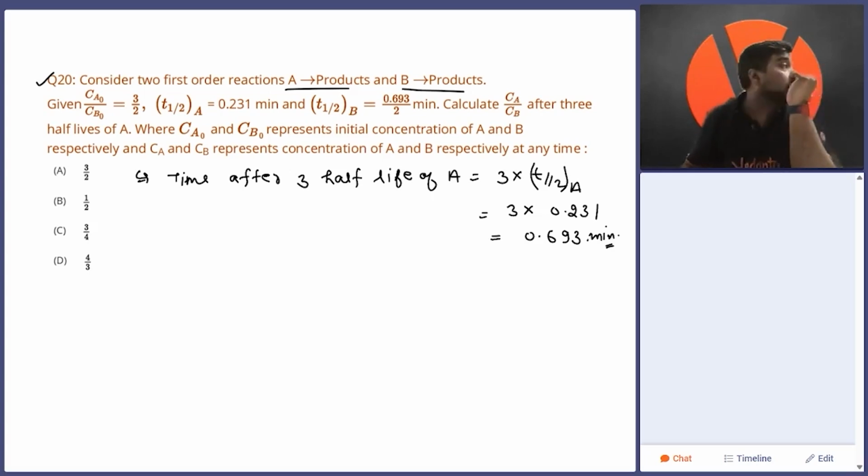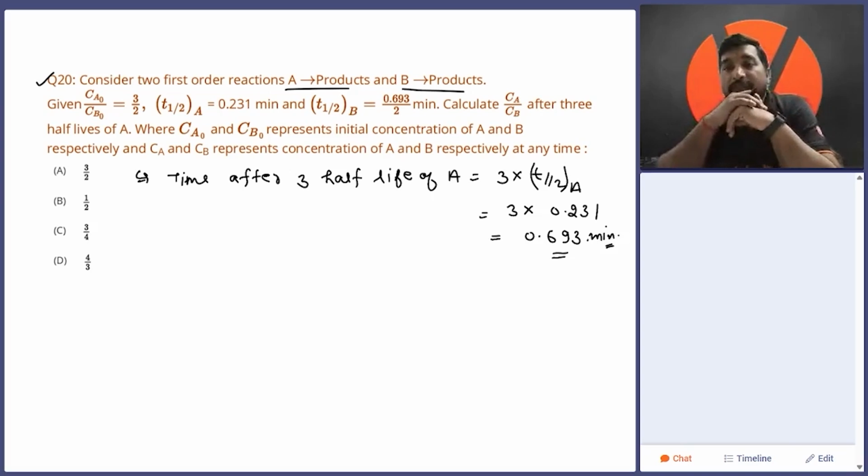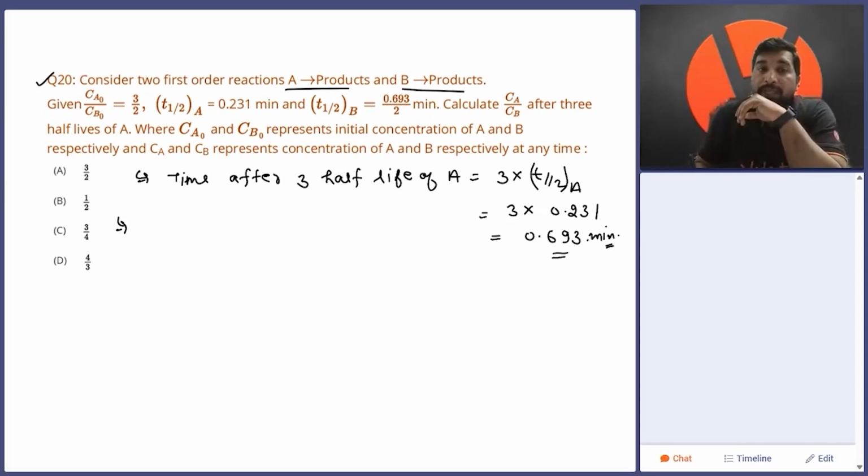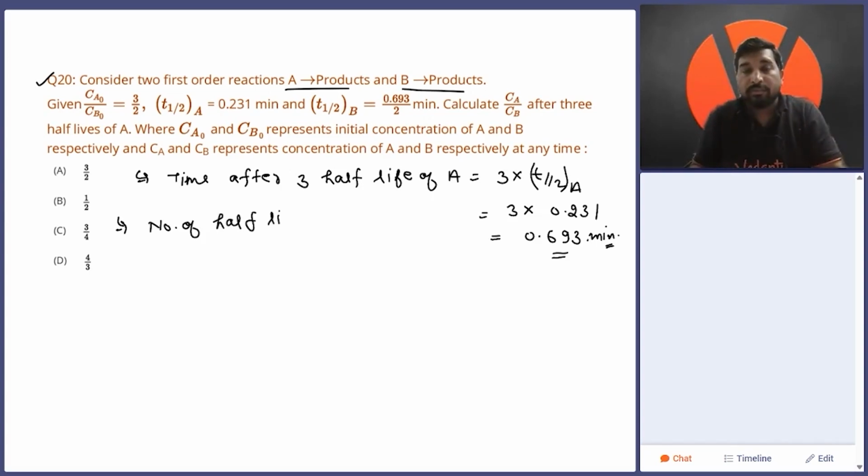It means that much time will be spent after 3 half life of A. So how many half life of B will go? So number of half life for B during this time period.